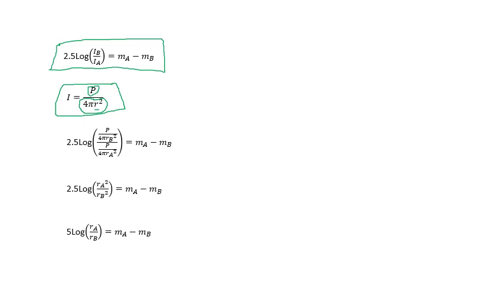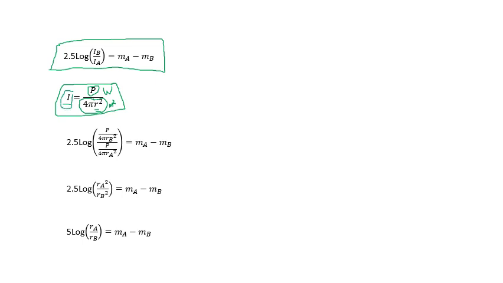So that would give us the intensity in watts per meter squared. Now, as we move further away, we increase the value of r, and therefore we decrease the intensity.